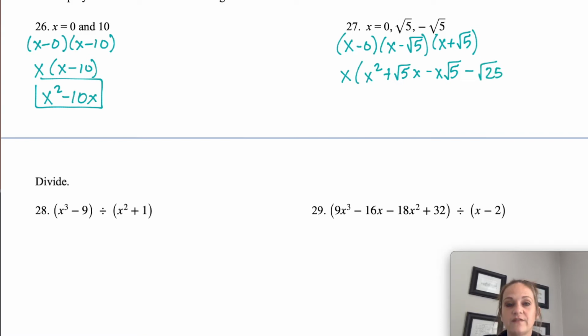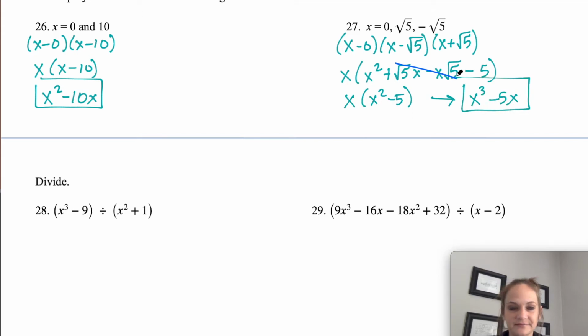And the square root of 25 is the number 5. And then we also notice that these two middle terms cancel, leaving me the x in the front and then x squared minus 5. So our final answer is going to be x cubed minus 5x.